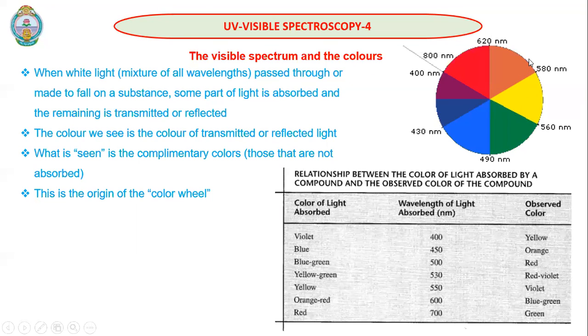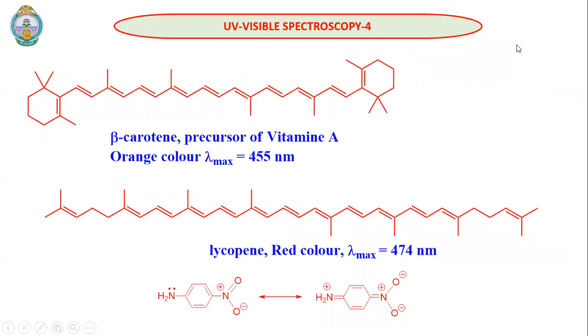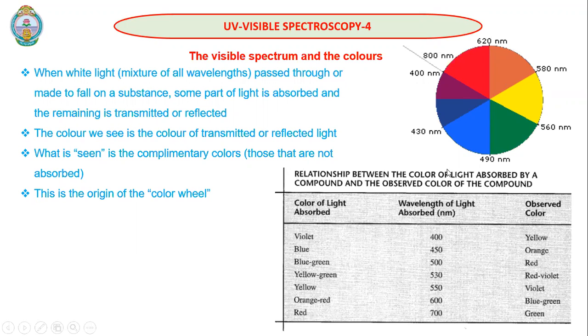Orange is 580 to 620, around 600 nanometers. 455 is the wavelength of blue light. That means beta carotene absorbs blue light and emits orange light. So that is why beta carotene appears orange. But when we talk about lambda maximum, we write only 455 nanometers because lambda maximum is the lambda of absorbed light. From this table also you can clearly see the complementary colors.